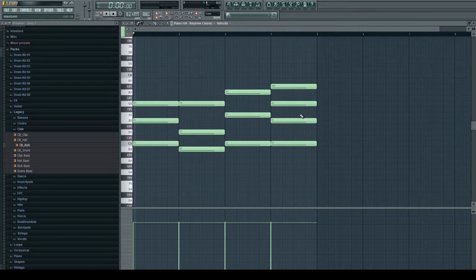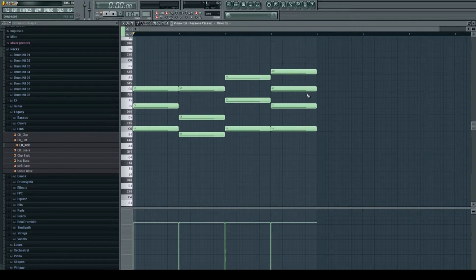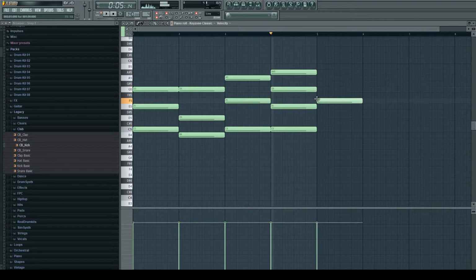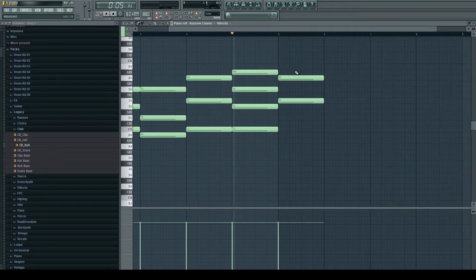That other key is what you answered, which is F. So once you play the C7, you can go to the F chord. You can even end it on the F.